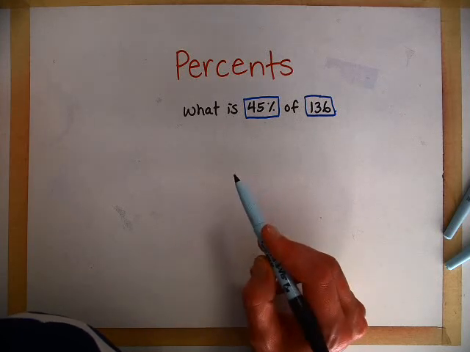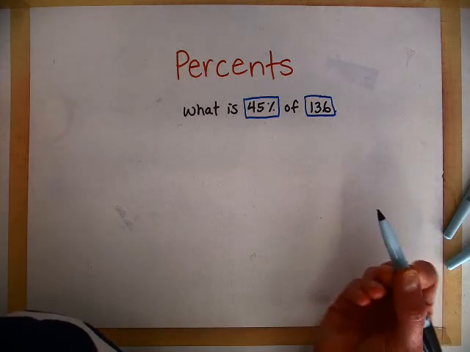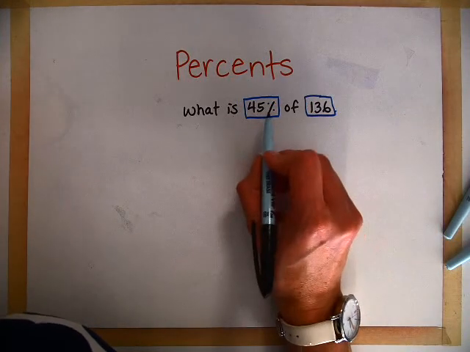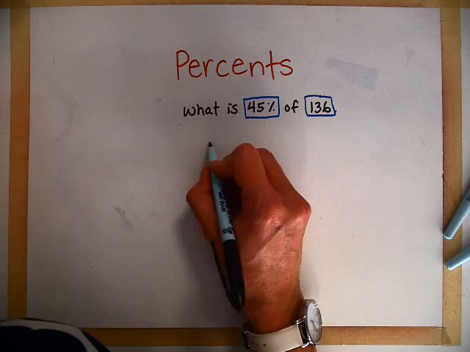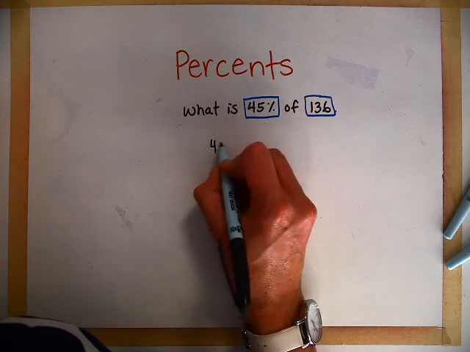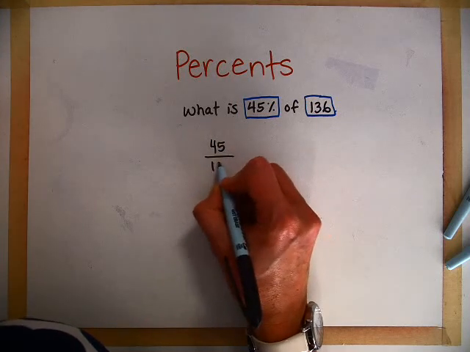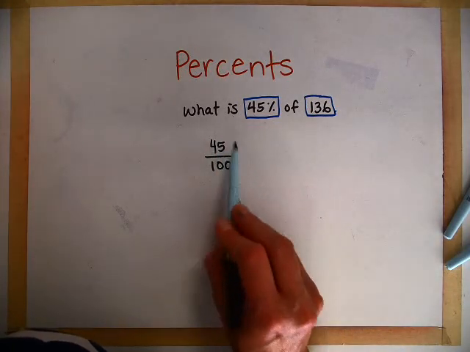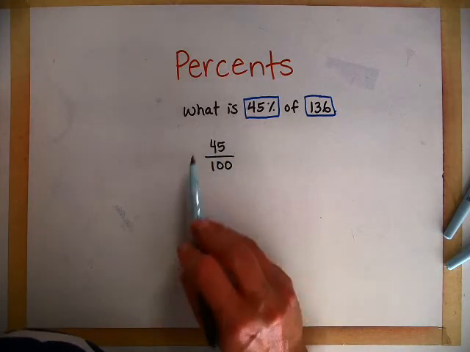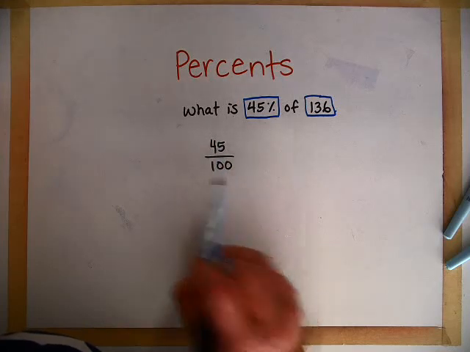One of my ratios in my proportion is going to represent the percent. In this case, I have the percent already given, and it's 45. And all percents are out of 100. So that's the first part of my proportion. This is 45%, written as a ratio or a fraction.